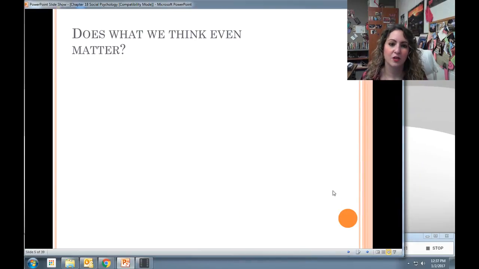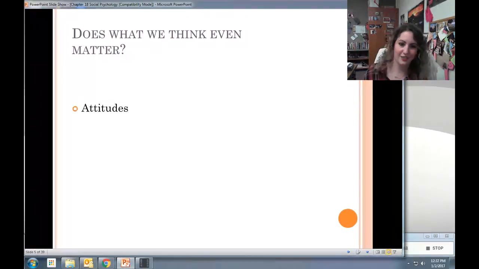Okay, so does what we think even matter? Because if what we think apparently is not always right, if we tend to forget the external part, and only focus on the internal disposition part, does what we think even matter? Yes. So I want you to think of an attitude that you have, a belief, an idea that you have.